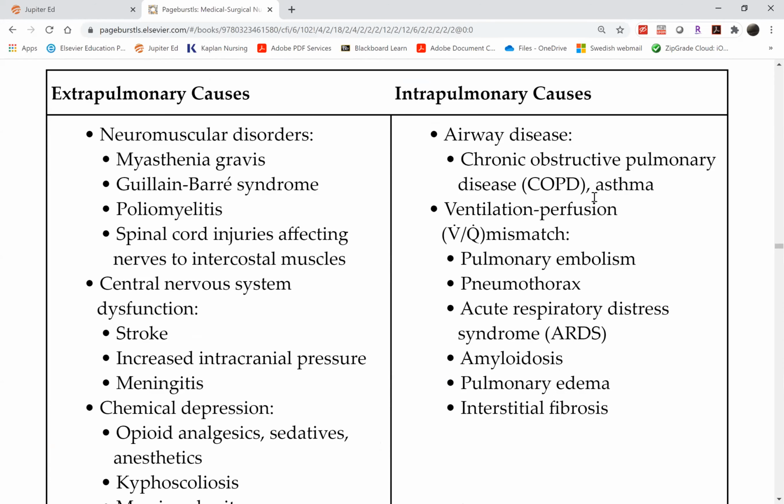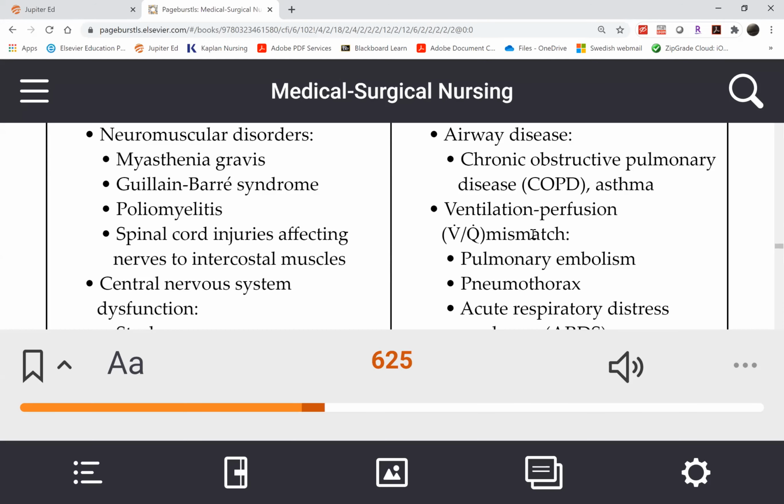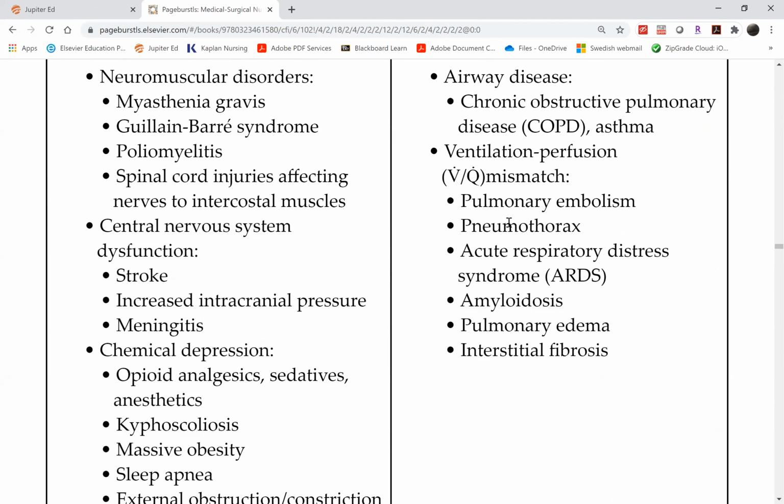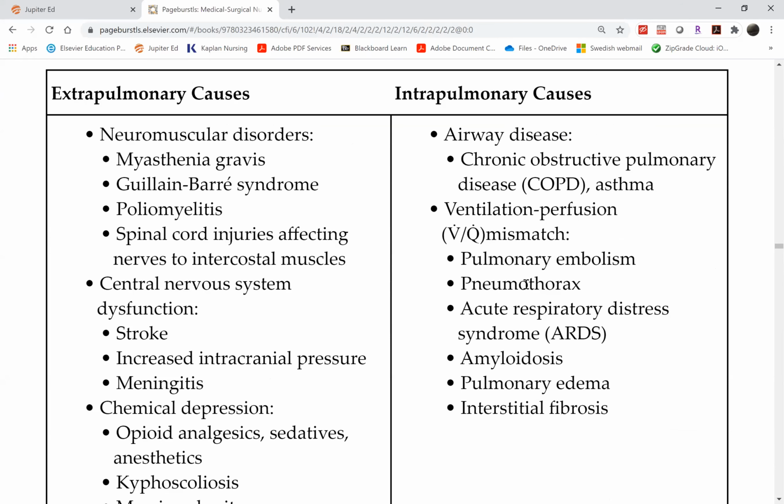Same thing also on the next column: COPD, PE, pneumothorax. Although in a pneumothorax, for instance, it may be just one, because you may have increased rate, but the depth will be shallow because there is now positive pressure in the pleura. The lung cannot expand, the lung collapses, so the depth will be affected.